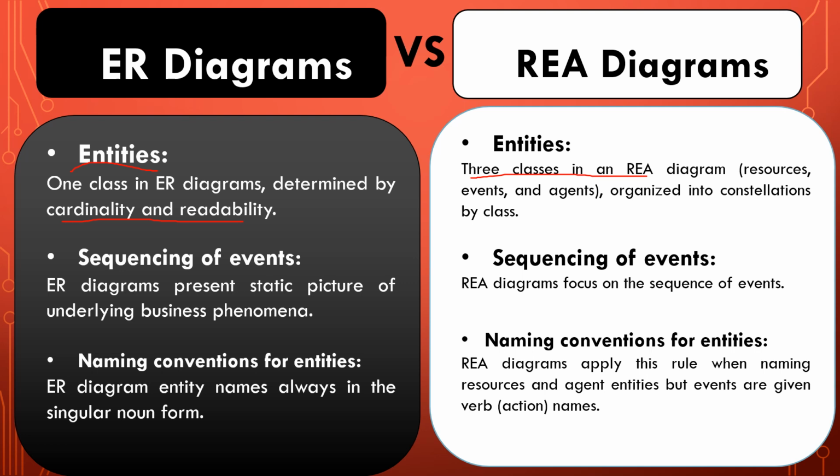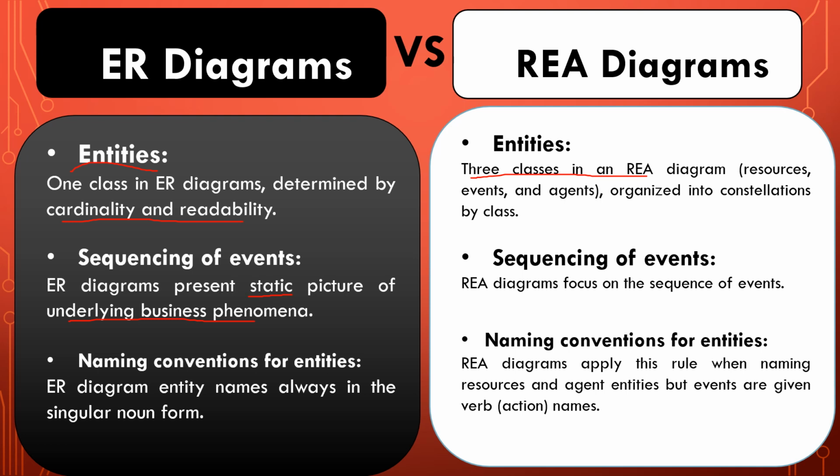The ER diagram presents a static picture of the underlying business process. Static means it's not dynamic, so it's kind of a one-time happening, whereas the REA diagram focuses on the sequence of events.